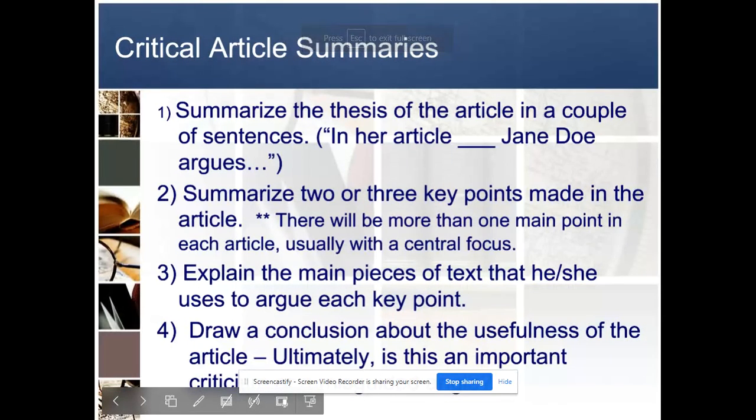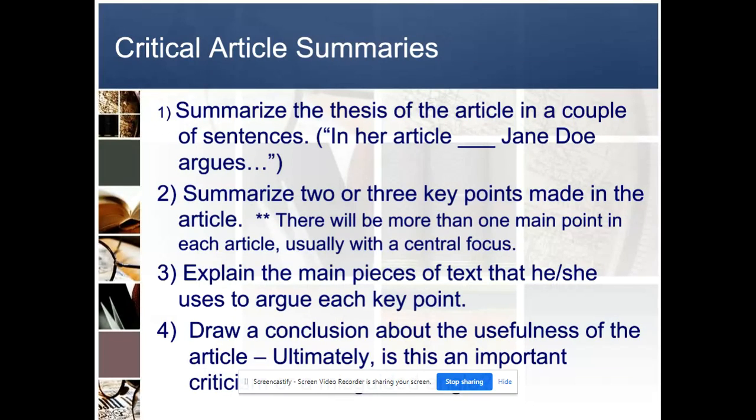To summarize a critical article, you need to find the thesis and identify it in a couple of sentences. In her article, blank, you would include the entire title, Jane Doe argues, and then summarize it. You will summarize the main points being made in the article. There will be more than one main point.